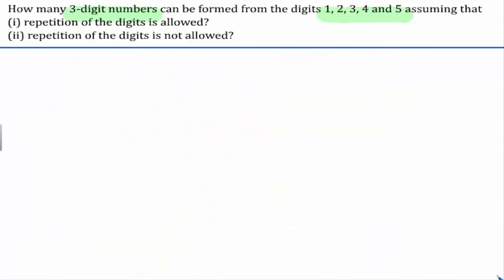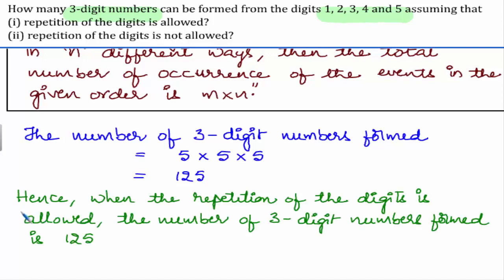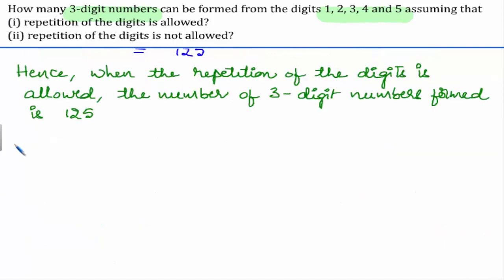Therefore, the number of 3-digit numbers formed is equal to 5 into 5 into 5, which gives us 125. Hence, when the repetition of the digits is allowed, the number of 3-digit numbers formed is 125. So this completes the first part. Now, let us move on to the next part of the problem.